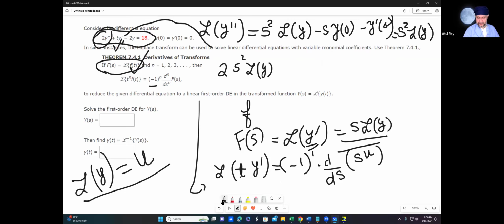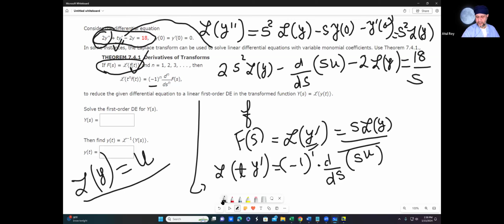Then as the Laplace transform of this, I get a minus sign, d/ds of s U, and then minus 2 times L of y. On the right hand side, we have the Laplace transform of 18, which will be 18 over s, right? Are we good?